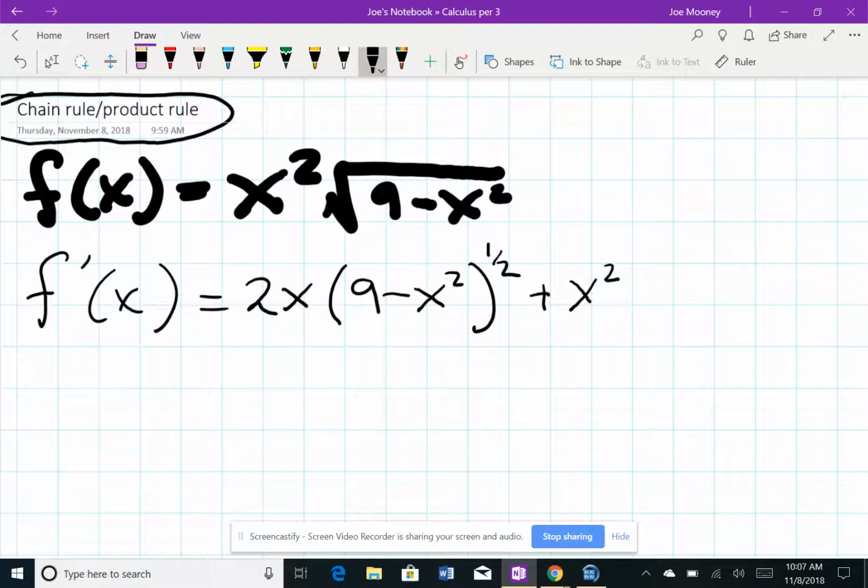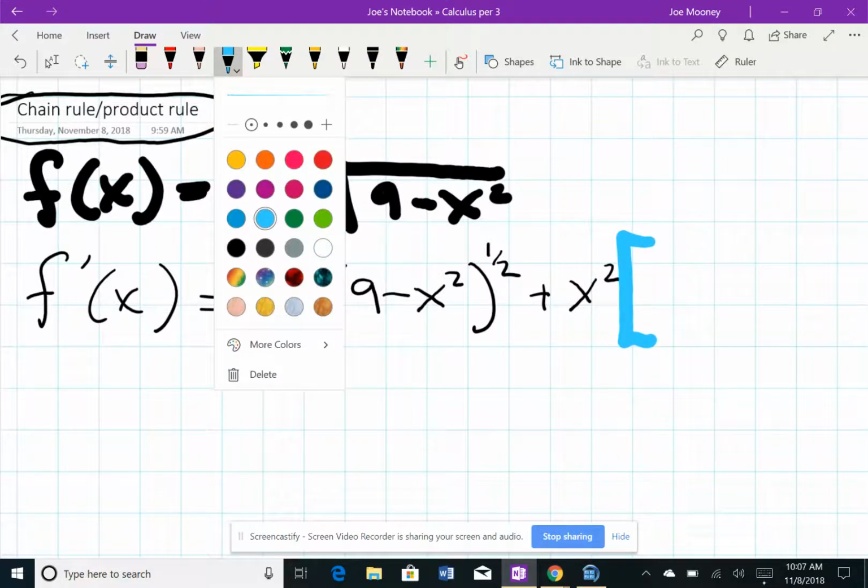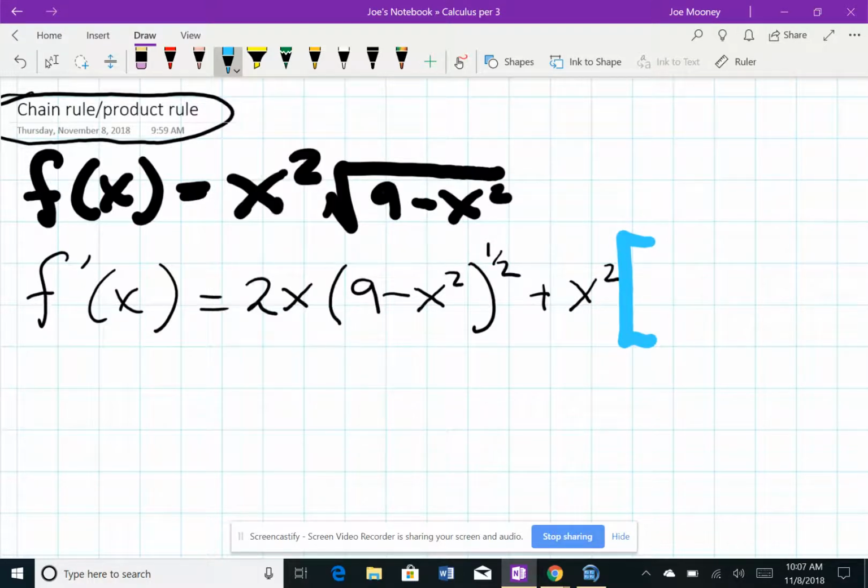Let's just change the color of this so we can see what we're doing. So the derivative of this term is going to be the derivative of the outside with the inside left alone. I'm looking at that term for an idea, right? So I'm going to pull the 1/2 power down, because that's what you do.